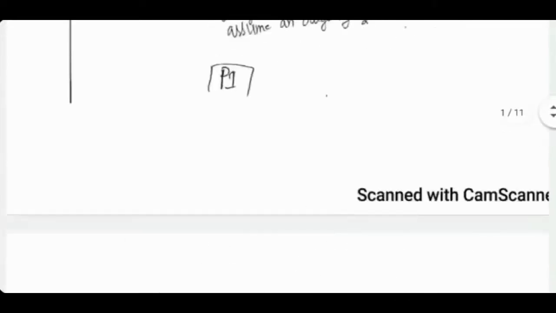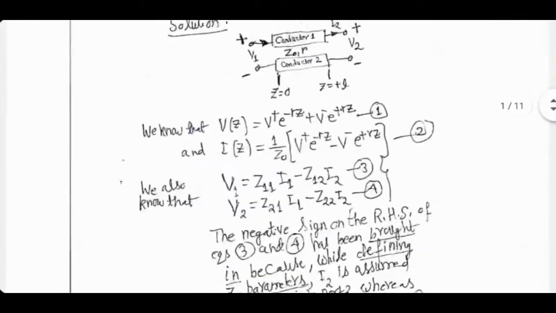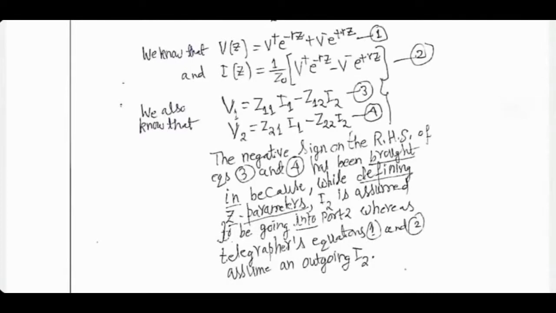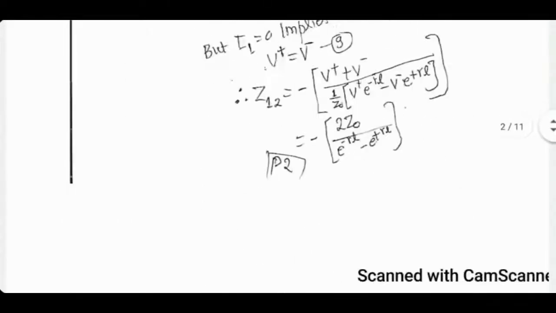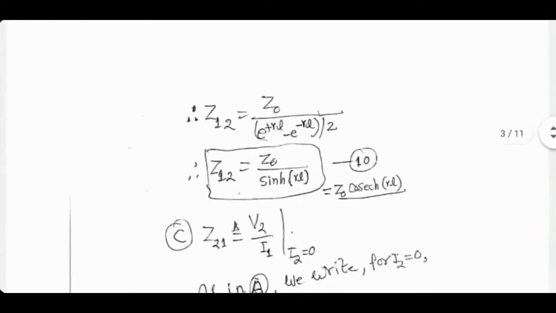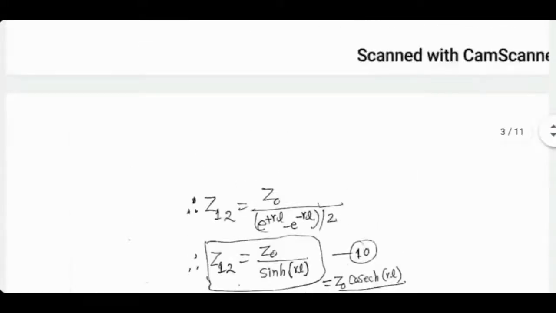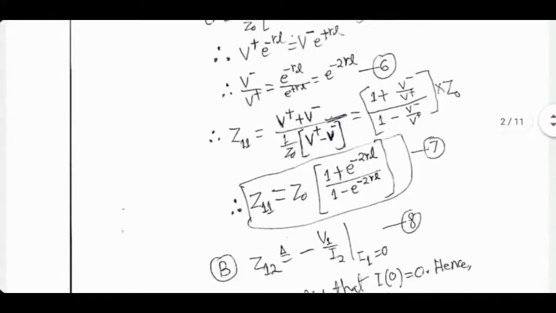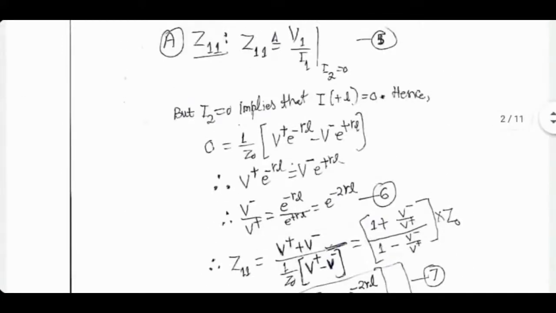For Z21, the definition would be V2 divided by I1 when I2 is 0. And for I2 equal to 0, we have already done in the very first case, when I2 was 0, we got equation 6 for V minus divided by V plus.